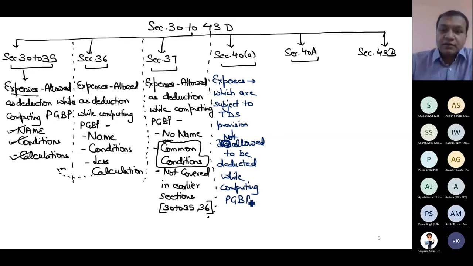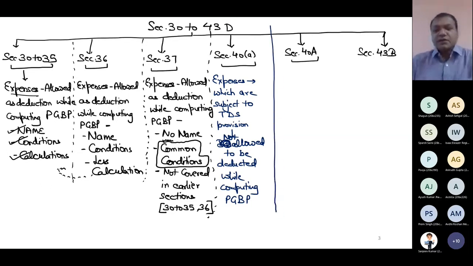That's it. 40 clause A covers those payments or expenses which are subject to TDS, and it will tell you in which situations these cannot be debited while computing your PGBP income.